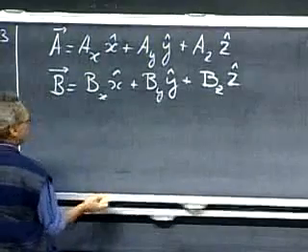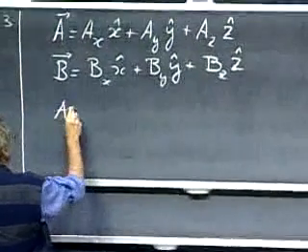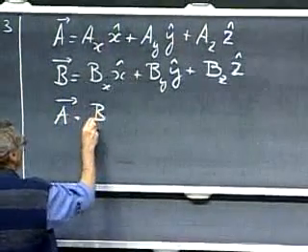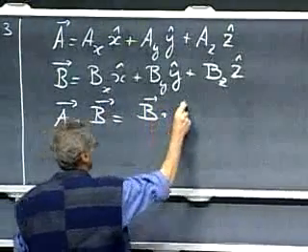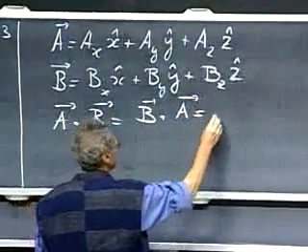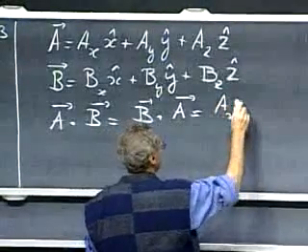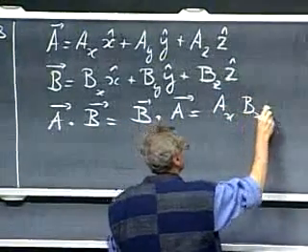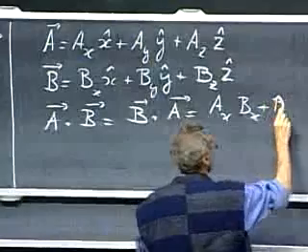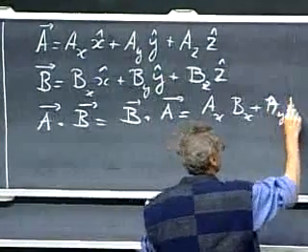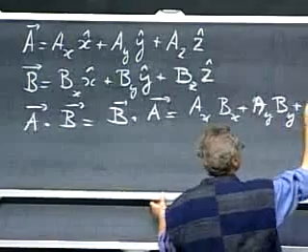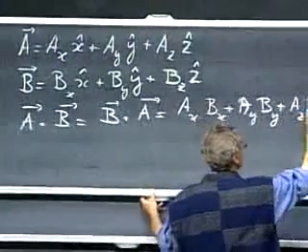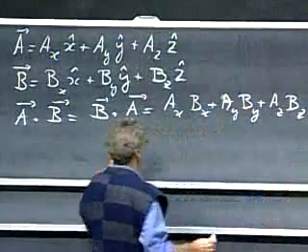Now the dot product, A dot B, also called the scalar product, is the same as B dot A, and it is defined as a_x b_x plus a_y b_y plus a_z b_z. It is a number.